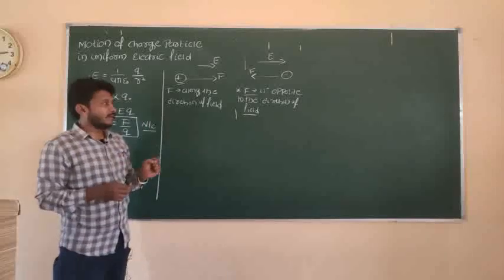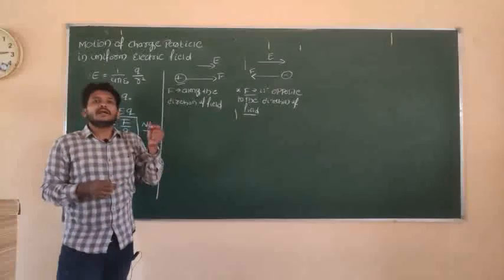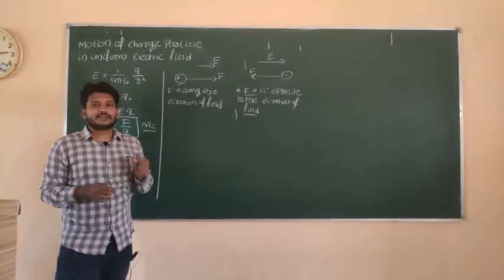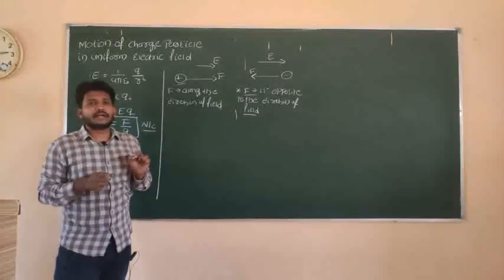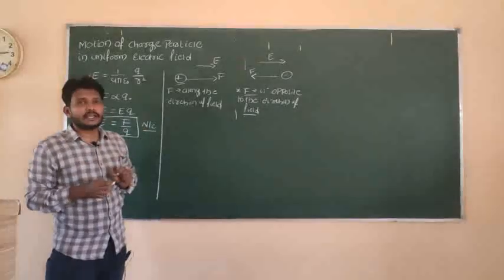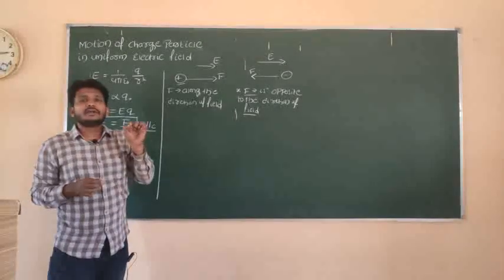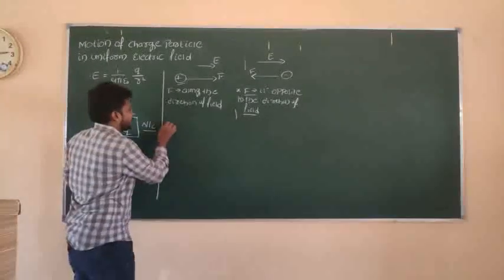For example, if the charged particle is initially at rest and then moves with a constant velocity along the direction of the electric field, what about the acceleration of the charged particle?